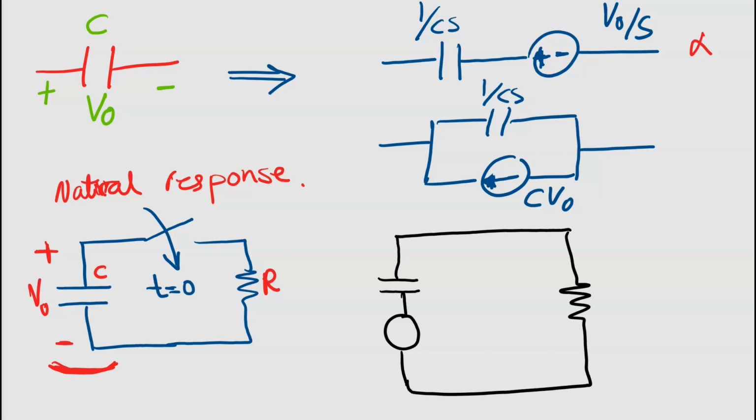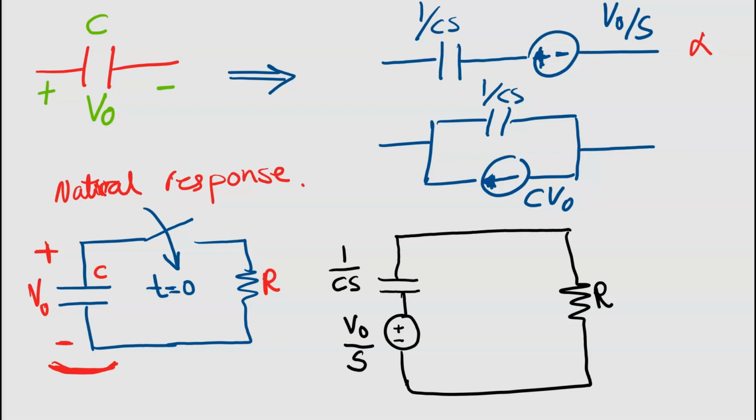So the source is going to be in the same polarity, similar to my initial voltage, and the voltage value is going to be equal to V0 over S. So V0 over S. And this capacitor is going to be 1 over CS. And here I have my resistance.